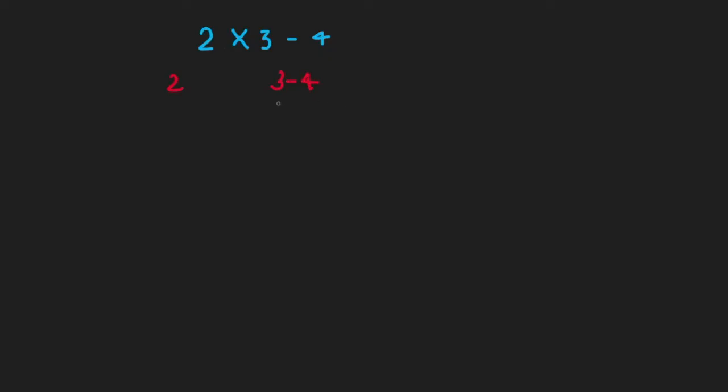We further divide this at the minus sign, so we get 3 and 4 from these two, and we subtract their result the same way we would do here. We would multiply the results.